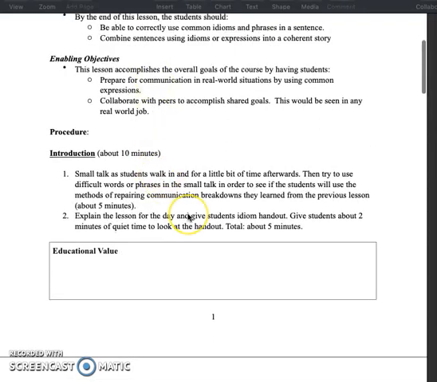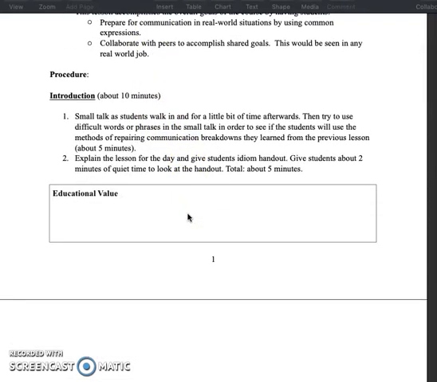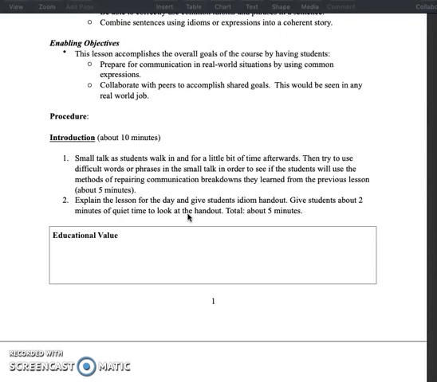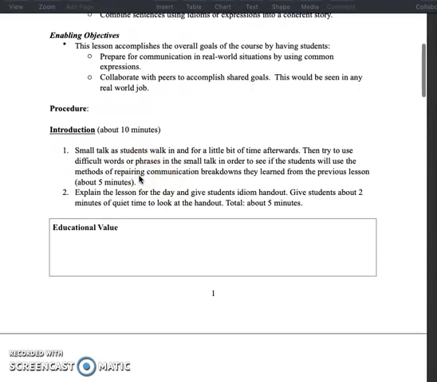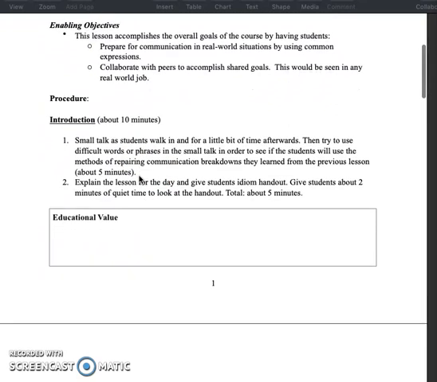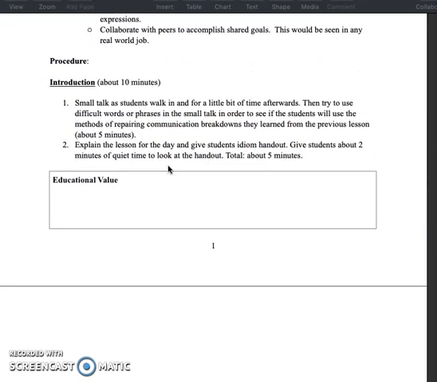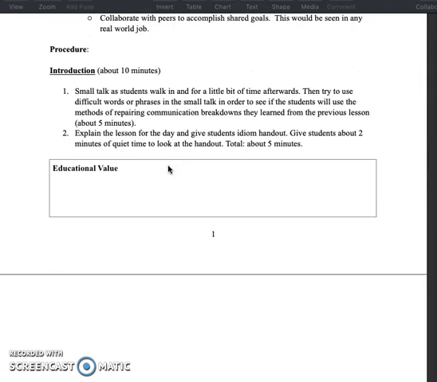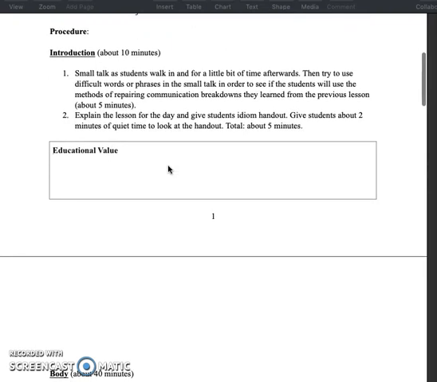Yeah, I like that because it's kind of reviewing, but asking an intermediate student to use difficult words or phrases, I'm just confused at who's using the difficult words or phrases. It's very general, and I don't like that. It's not clear who's doing what in the classroom.